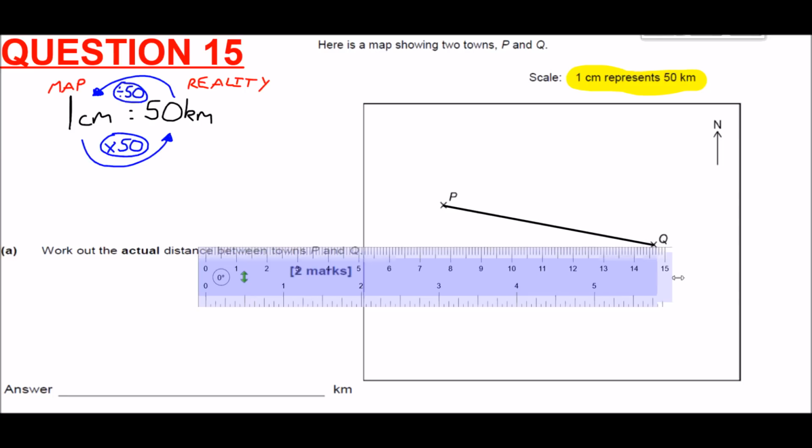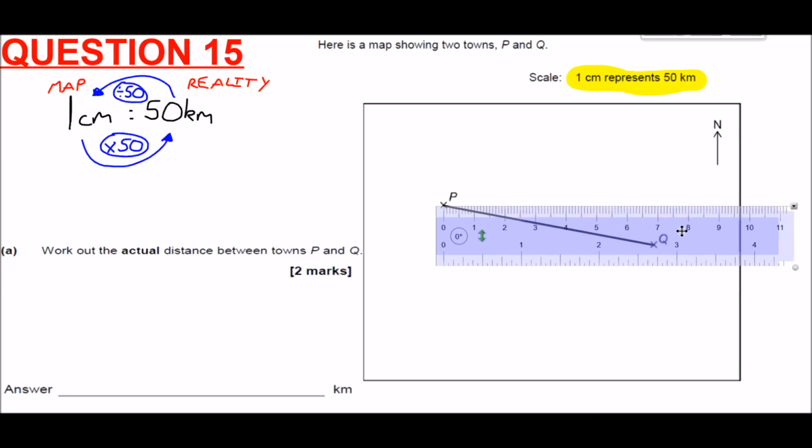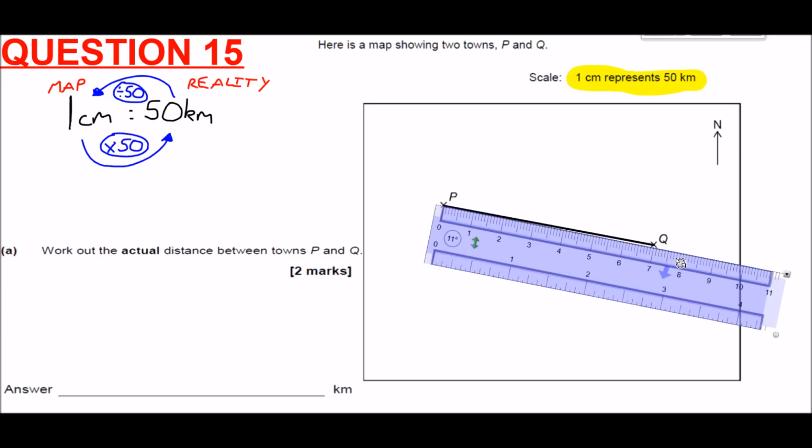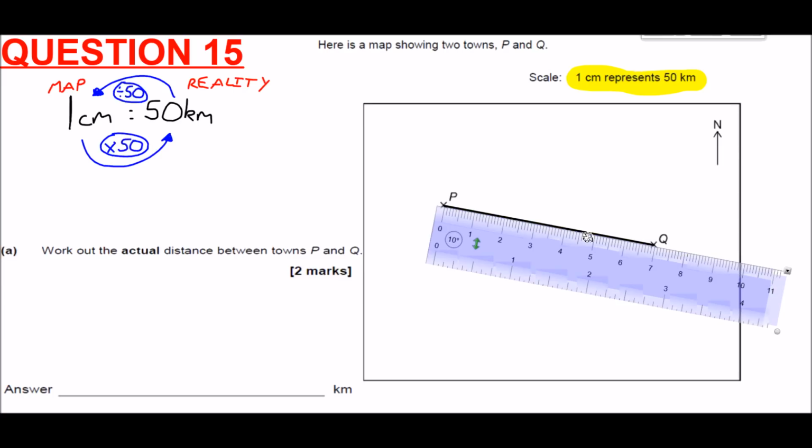and measure it from P. And so we put our 0 at P, then make sure it's in line with Q. And what you should be able to see on your diagram is that the line PQ is 7 centimetres. Now if yours is slightly different, say 6.8 or 7.2, it could well be just a photocopying difference.